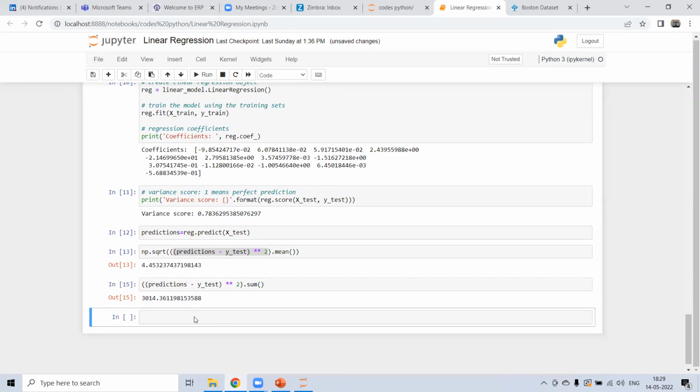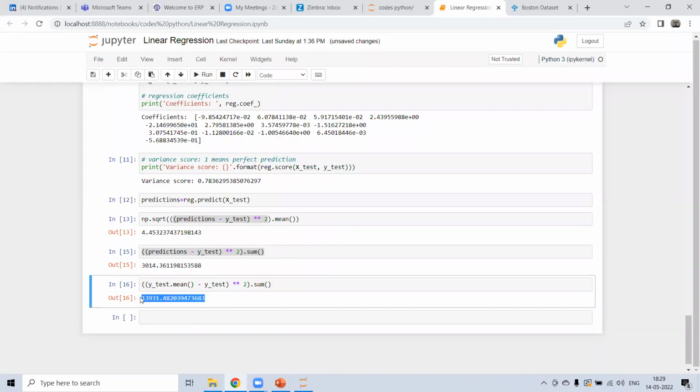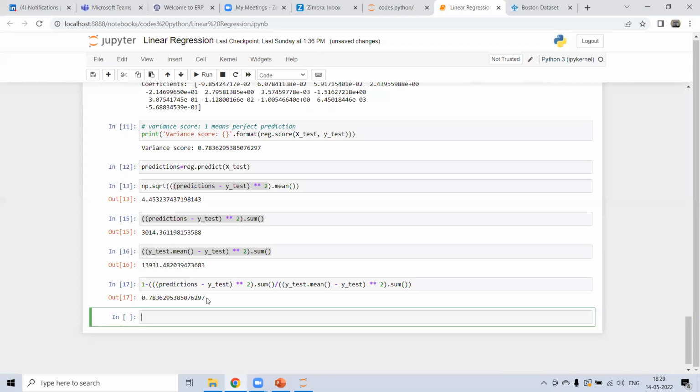This is basically the error that is left, right? And this is basically the total sum of squares. Remember? So then if I want to create an R-square score for the test data, that will be something like this divided by this. Pretty good, I would say.